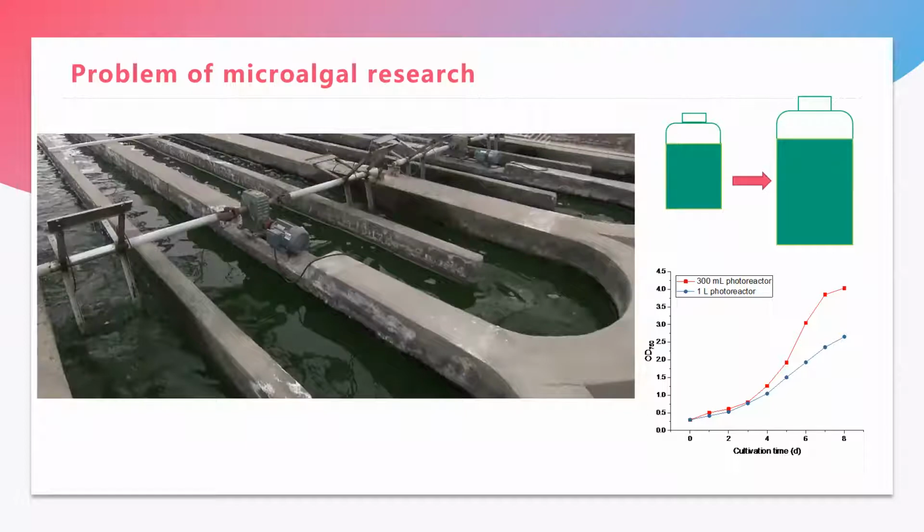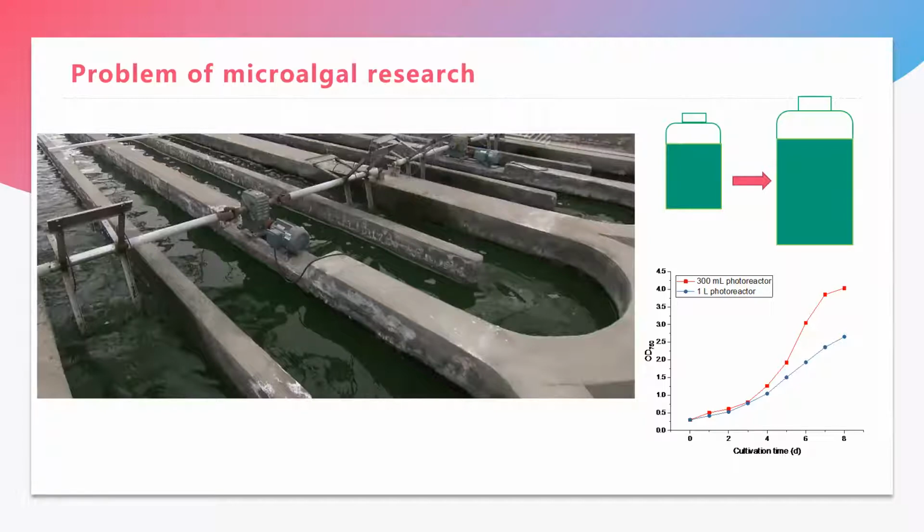With the increasing attention to carbon neutrality, microalgae with high photosynthetic efficiency and growth rate have become the ideal material for biological fixation of carbon dioxide. But no matter in laboratory or in the industry, we often find some problems that the current theory cannot explain perfectly.